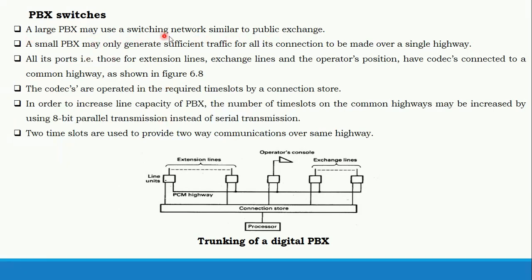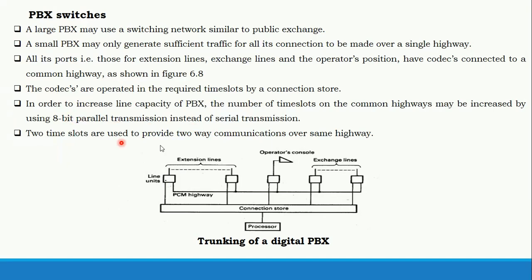So usually a PBX is similar to a public exchange, that means a telephone exchange. So you'll be having sufficient traffic in a single highway. For that purpose you have extension lines, everything which will be connected here. And here also these line units are nothing but the PCM highways, where you need to convert it into digital before connecting it to extension lines.